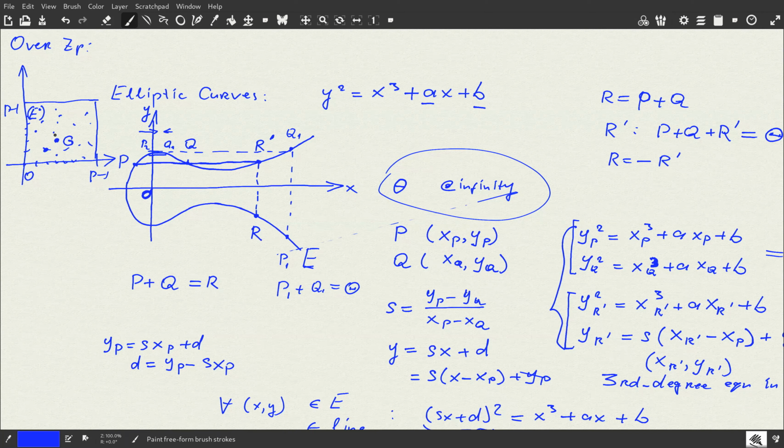It is very difficult computationally only if the number of points here is large. So the question is, how large is the collection of elliptic curve points over ZP?